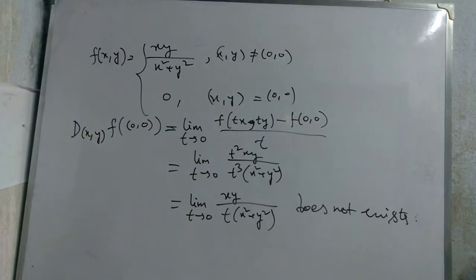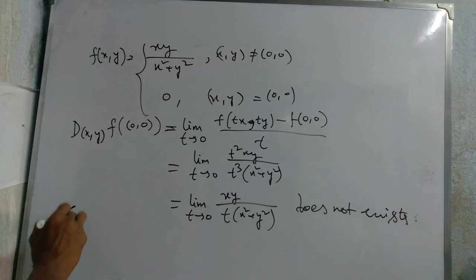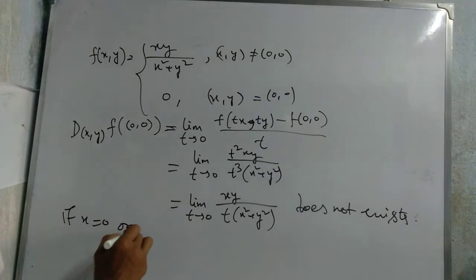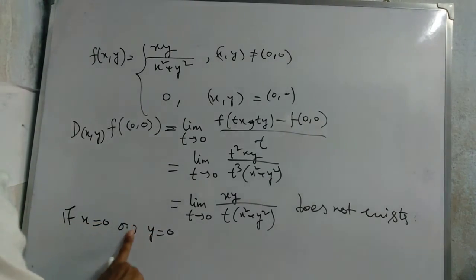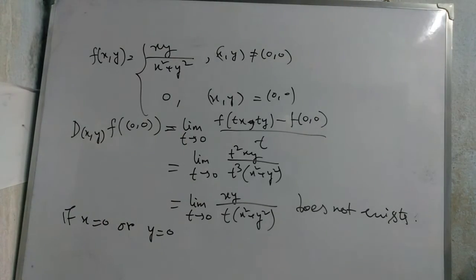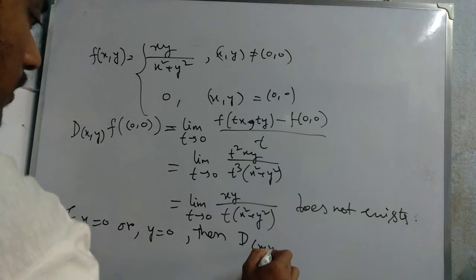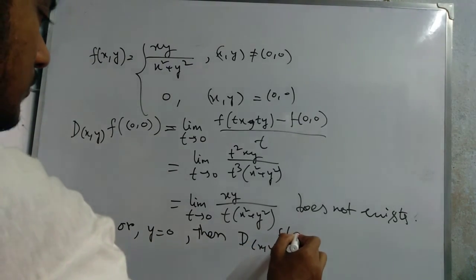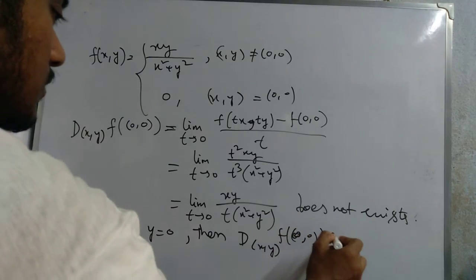Then we also see that if x equal to 0 or y equal to 0, that means if the direction has x equal to 0 or y equal to 0, then this exists. Then D_(x,y) f(0, 0) exists.